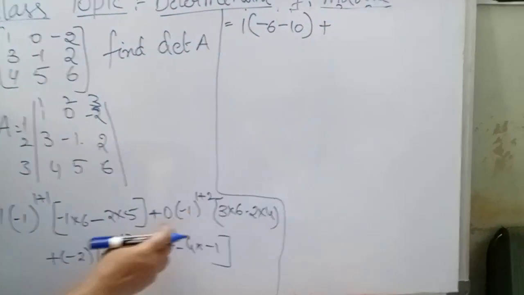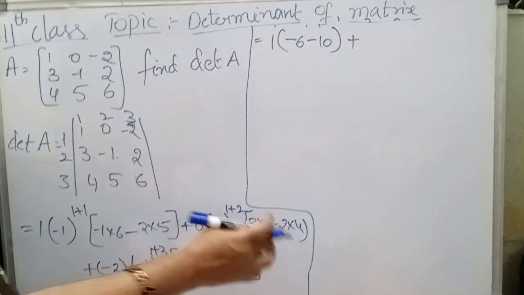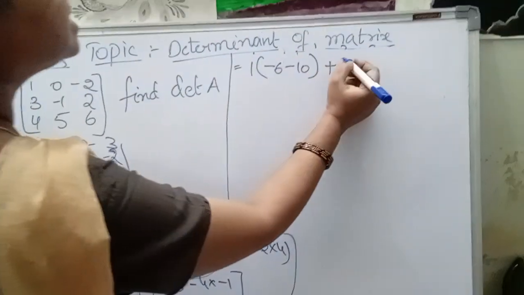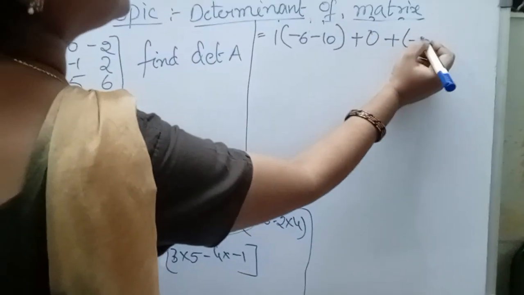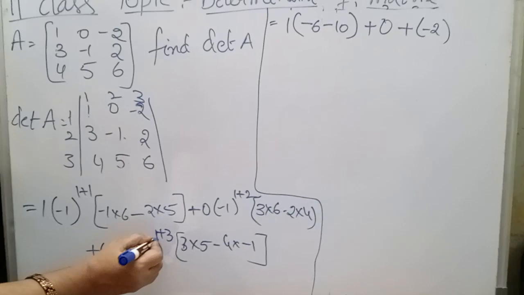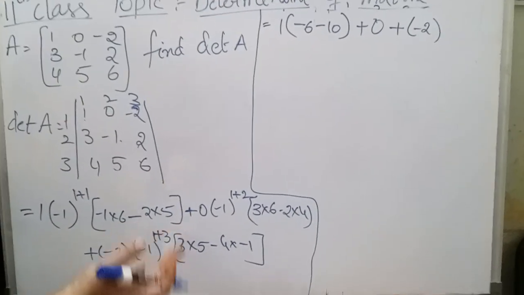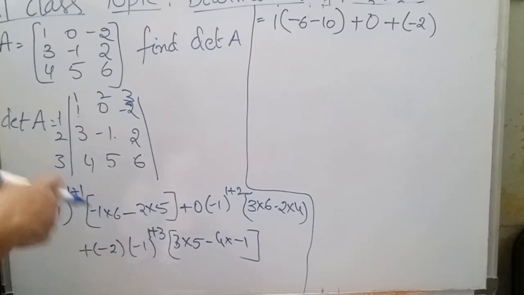Plus, here what do you observe? 0 into anything is 0. So 0 plus minus 2 into minus 1 power 1 plus 3, which means 4. For even powers of minus 1, you will get positive. For odd powers of minus 1, you will get negative.